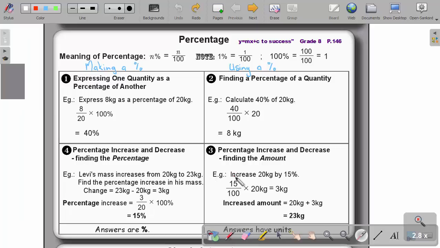That exercise will only be either percentage increase and decrease, finding the amount, or percentage increase and decrease, finding the percentage. So I want you in that exercise to first classify it, is it like number 3 or like number 4, and then to do the sums. Okay, let's go back to the exercise.